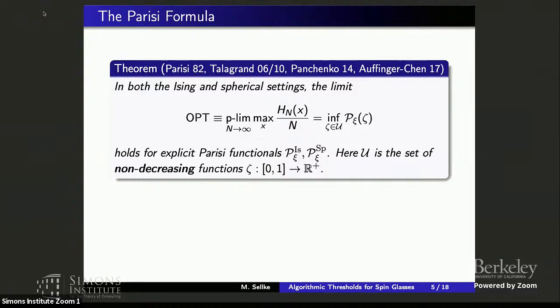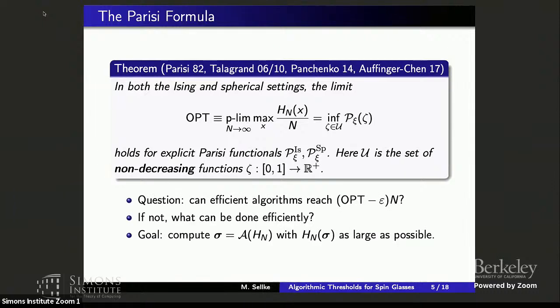I'll call this opt. And this limiting value is given by some sort of explicit minimization problem over the space of increasing functions on the interval [0,1]. There's a different Parisi functional in the Ising and the spherical case, and I won't actually write it down, but there's some minimization problem over increasing functions.